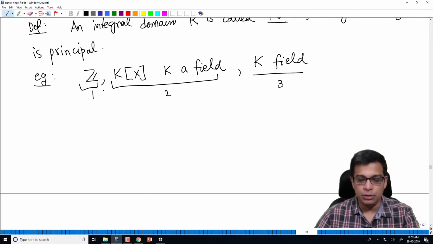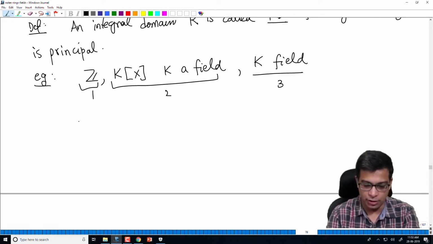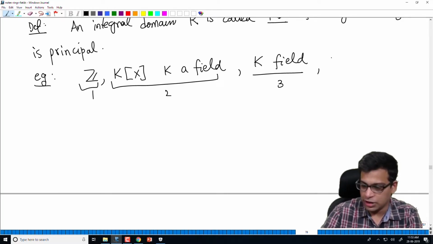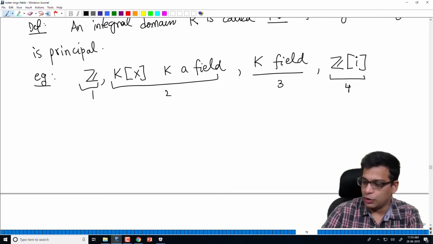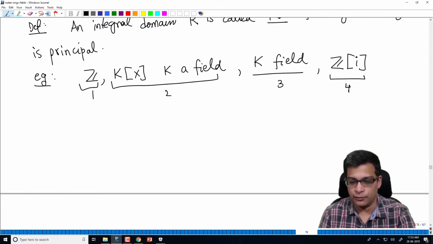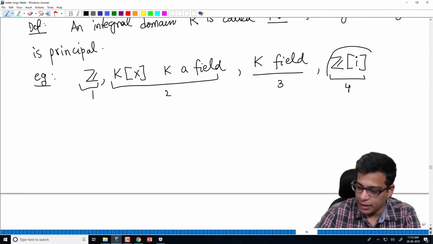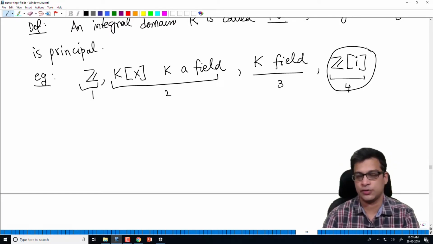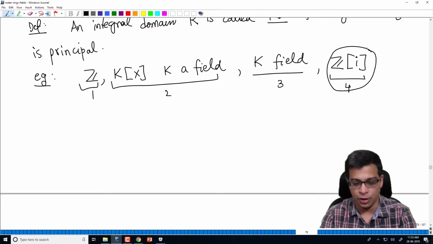And some other rings that we have encountered before which happen to be PIDs is this. I will not prove this for you because that will take me away from what I want to do, but the idea is the same as the examples we have considered. If you quickly recall, how did we prove that every ideal in Z is principal, or that every ideal in K[x] is principal?